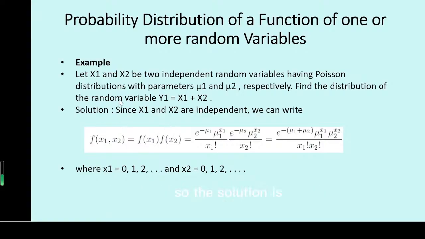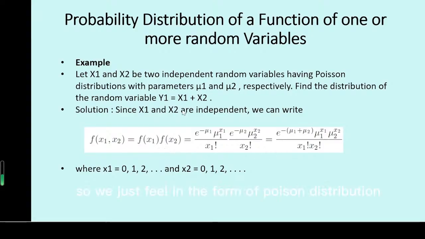So the solution is, because X1 and X2 are independent and both have Poisson distributions, we can write the joint probability distribution for (X1, X2) as the product of their own probability distributions. So f(x1, x2) equals f(x1) times f(x2).